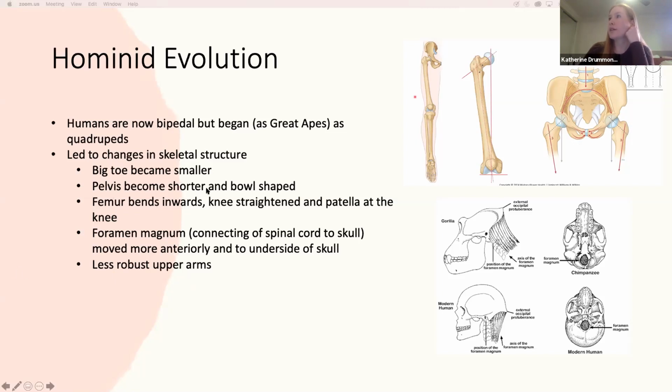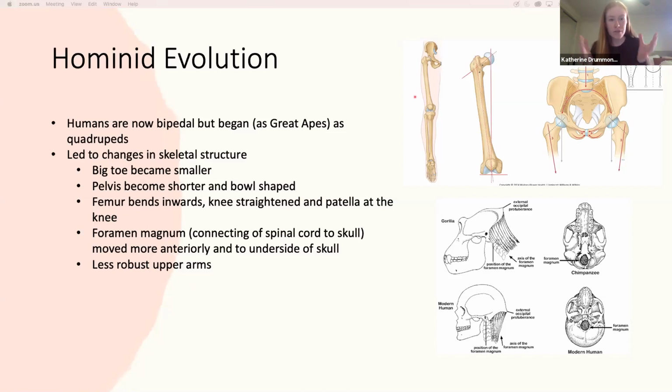So then we've got these skeletal structure changes. Our big toe became smaller. And then our pelvis became more bowl-shaped, basically to be able to support our weight a lot better. You can see in this image the way that our weight is distributed. It comes straight down the center, and then it lands in our pelvis, and we need to be able to distribute that weight somehow, given we've got two legs.